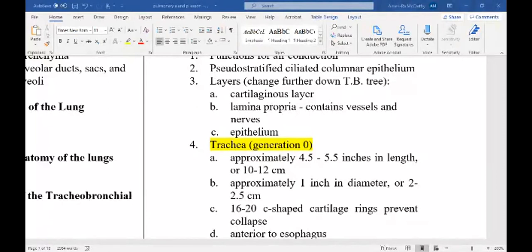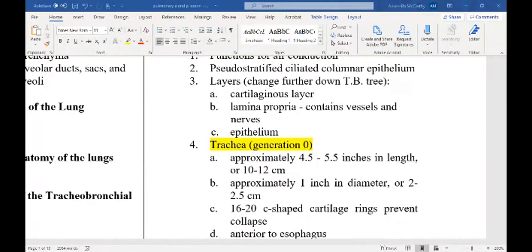They may say the trachea is 4.5 centimeters, and you're thinking, oh yeah, that's it, right? That's wrong. It's 4.5 to 5.5 inches, or 10 to 12 centimeters long. That's how long the average adult trachea is, about 10 to 12 centimeters long. Not that long.